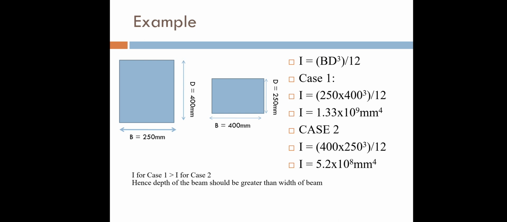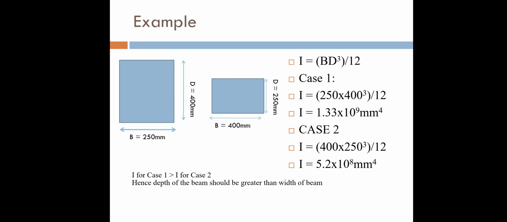I need to calculate the moment of inertia for both cases. Since it is a rectangular cross section in both cases, moment of inertia will be equal to B d cube by 12: horizontal dimension into vertical dimension cube divided by 12.